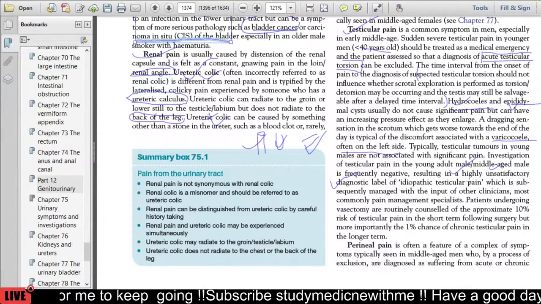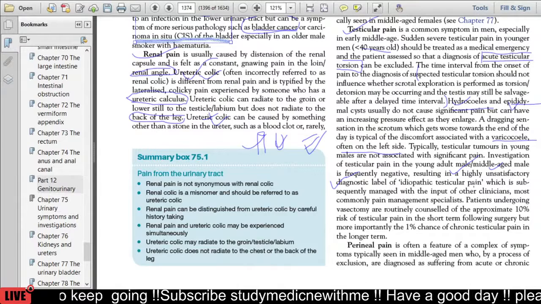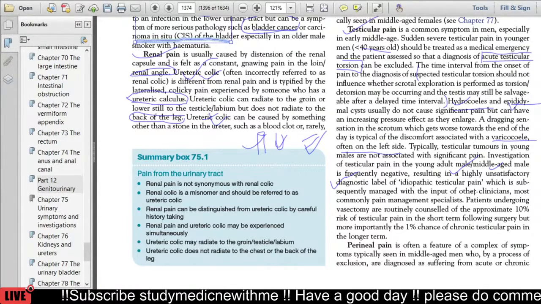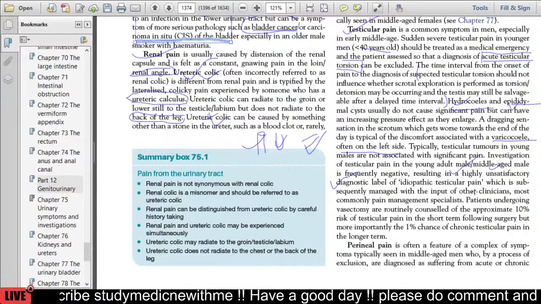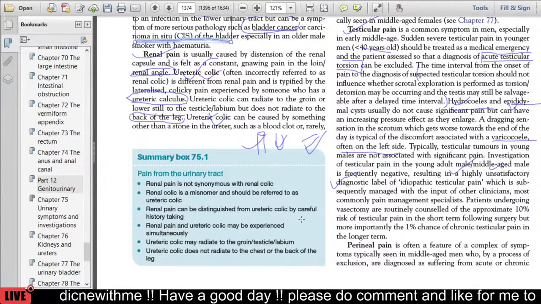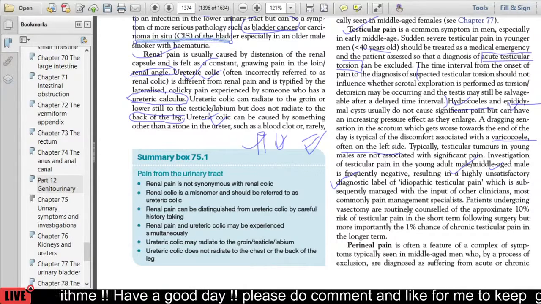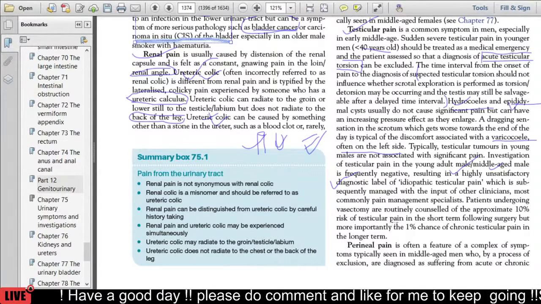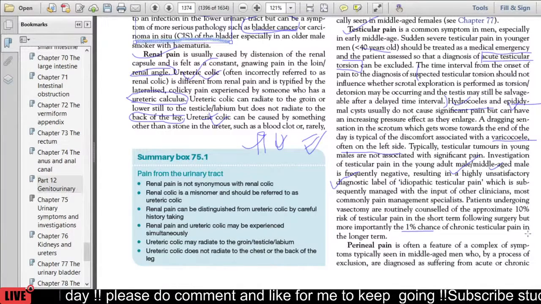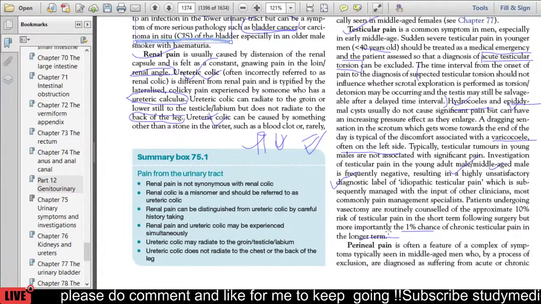Counseling should be given to the patient, and in that case surgery should not be performed. However, the patient should be advised to go to the pain management specialist. Okay, patients undergoing vasectomy are routinely counseled about the approximately 10% risk of testicular pain in the short term following surgery, but more importantly, a 1% chance of chronic testicular pain in the longer term.